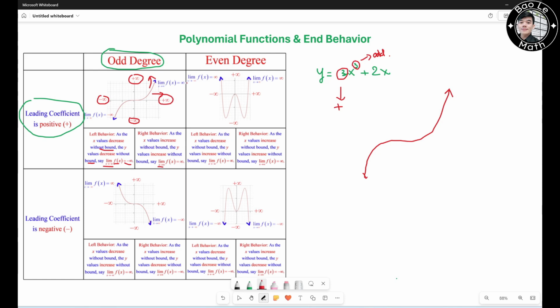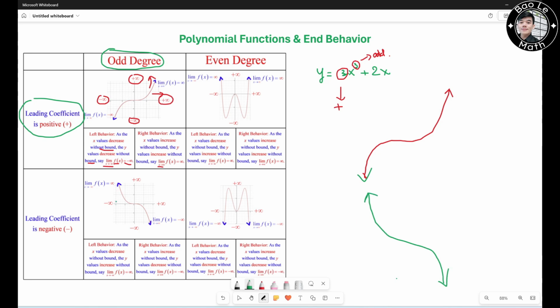Now we finished the first case. We're going to move on to the second case. If the leading coefficient is negative and the function still has odd degree, you just flip it upside down, so it looks like this.